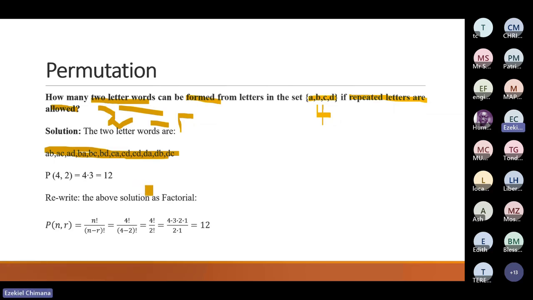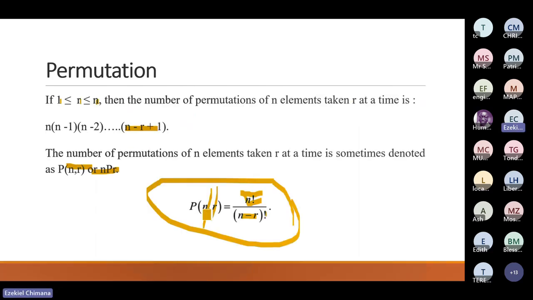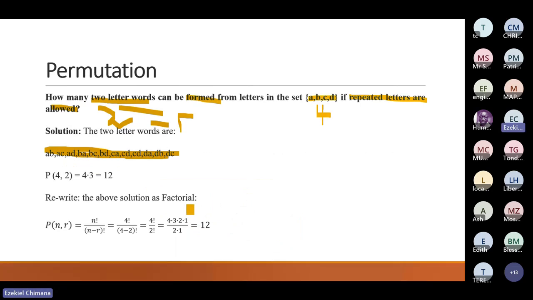The total number of permutations is, from this formula, P(n,r), which is equal to n factorial over n minus r factorial. Your n is the total number of elements, which is 4, and your r is 2, which you are given here.